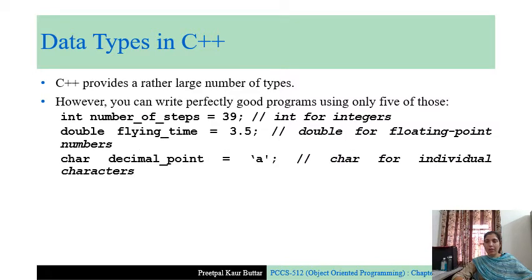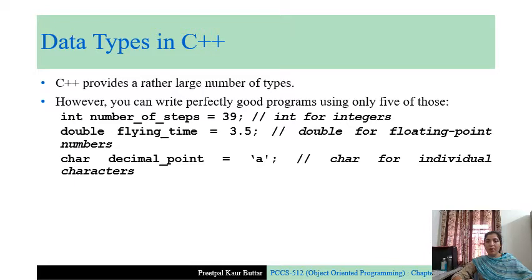Char for storing individual characters. If you want to store a single character value, then you can use the char data type. For example, char decimal point equal to 'a'. The thing to note here is that the value 'a' is always within single inverted commas.